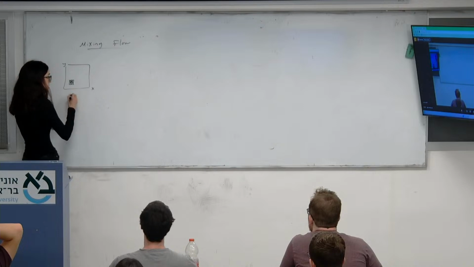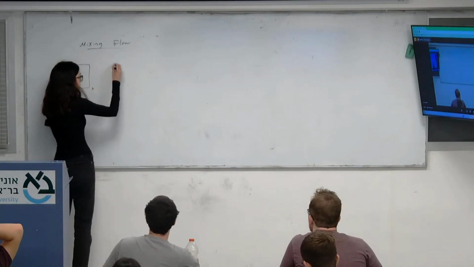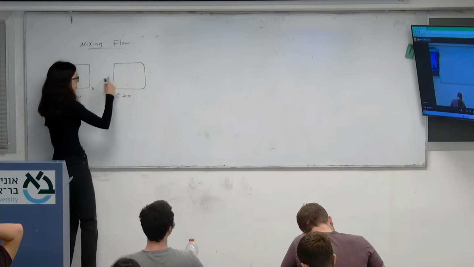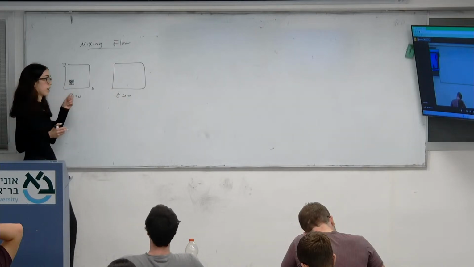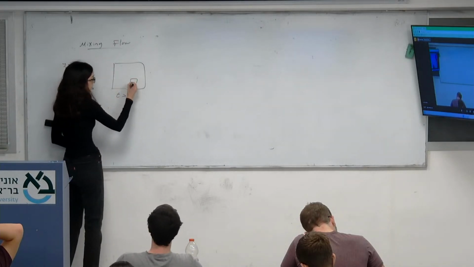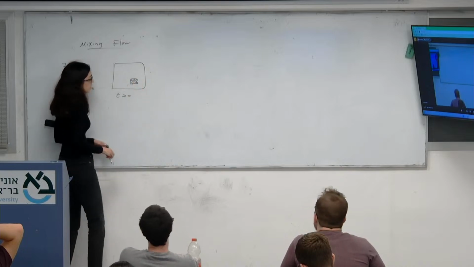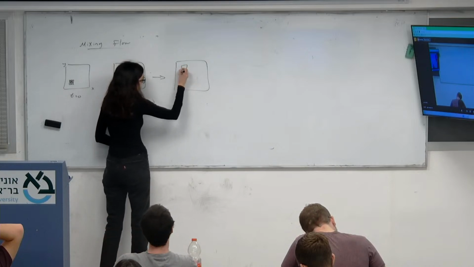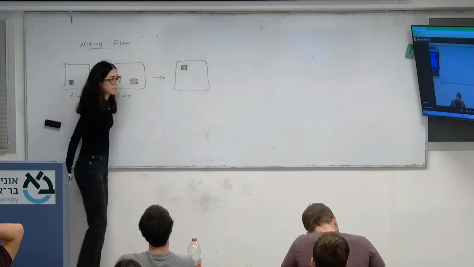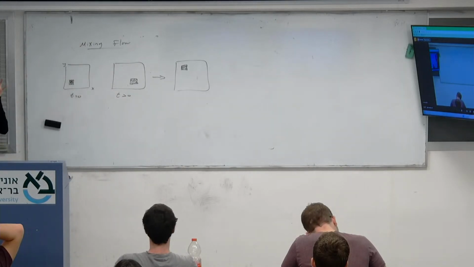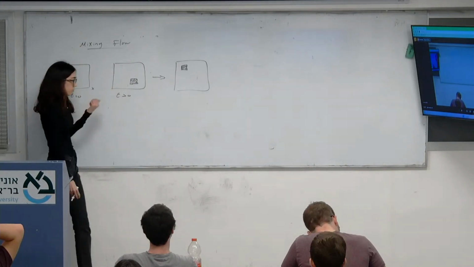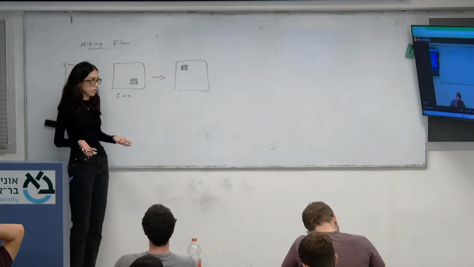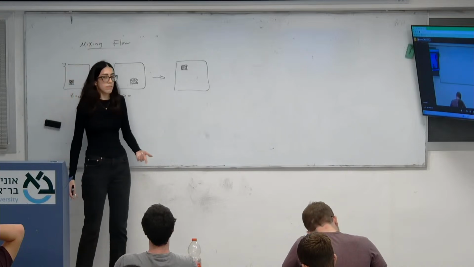This is t equals 0, and then at some time t larger than 0, the evolution in time can be like this, going to be here, and at an even larger time it's going to be here, and then eventually this trajectory is going to cover all of the phase space. So I have conservation of the volume of phase space, and this is going to cover all of the phase space. So this is an ergodic system, but this is not necessarily a very physical system.